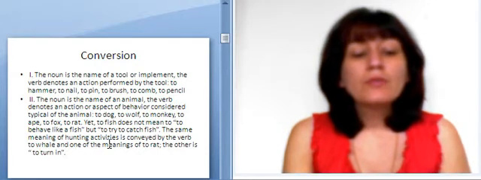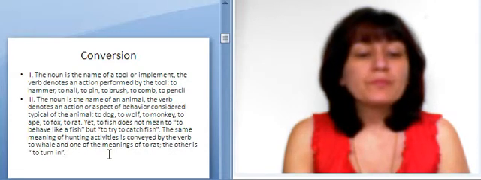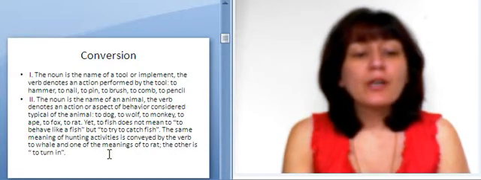Yet, for example, to fish does not mean to behave like a fish, but to try to catch fish. The same meaning of hunting activities is conveyed by the verb to whale. And one of the meanings of to rat is to turn informer.